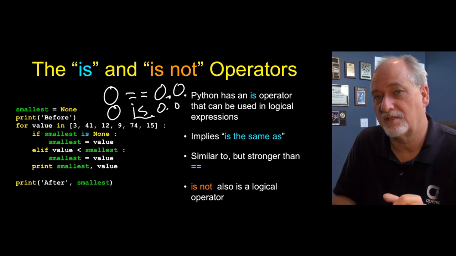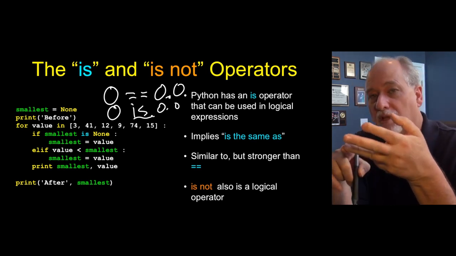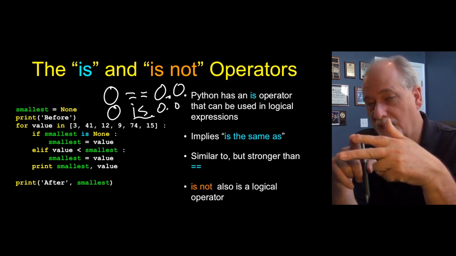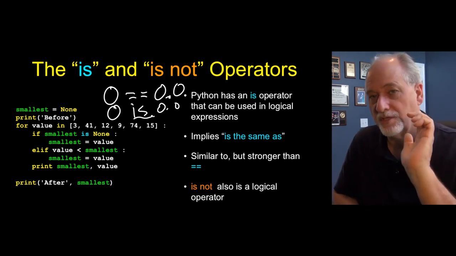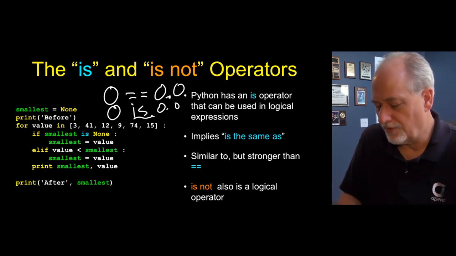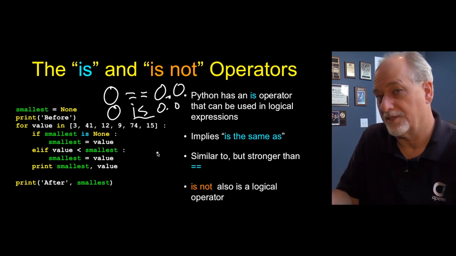So use is sparingly. I tend to only use is on booleans and on None types. I don't use is on integers, floats, or strings. Just None or True and False. And also, is not is an operator. So you just say blah blah blah is not None, or blah blah blah is not False.